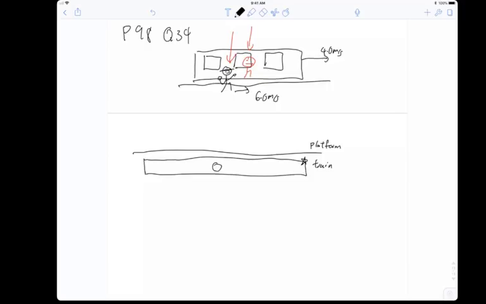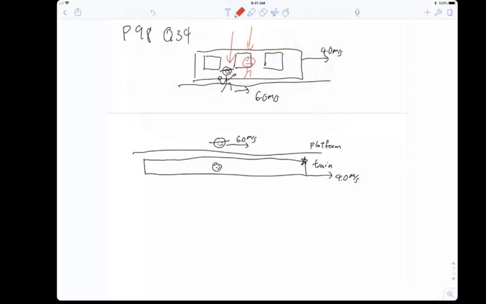And here is the woman, and here is Broseph. Okay. So, time to draw some velocities. This person is going 6.0 meters per second. The train is going 4.0 meters per second.